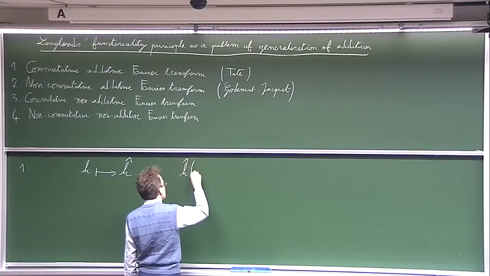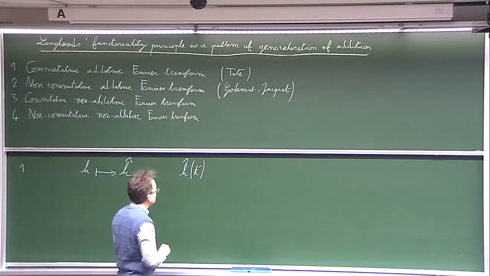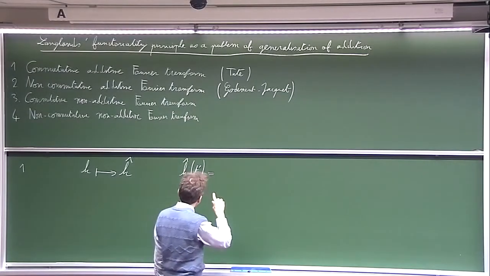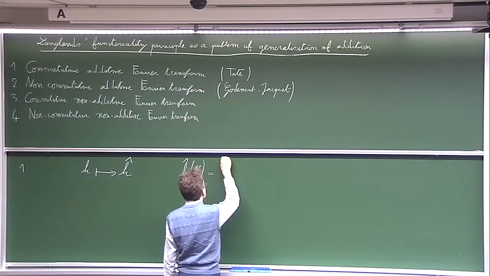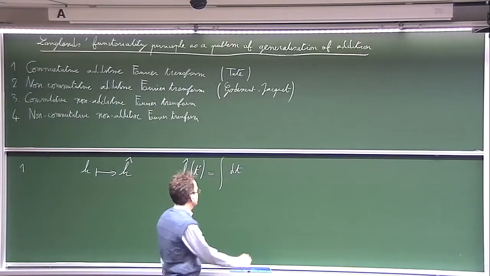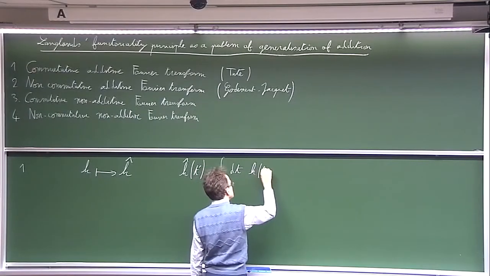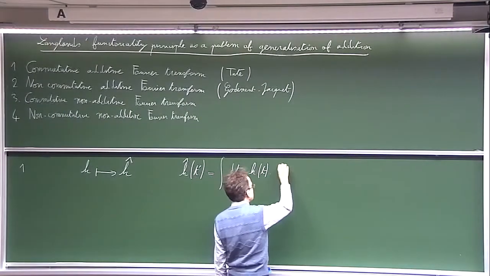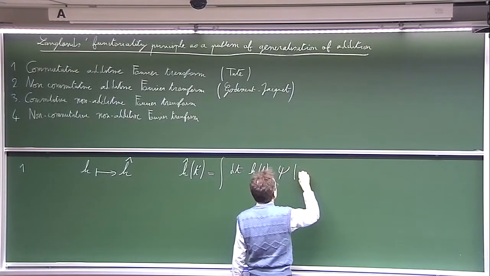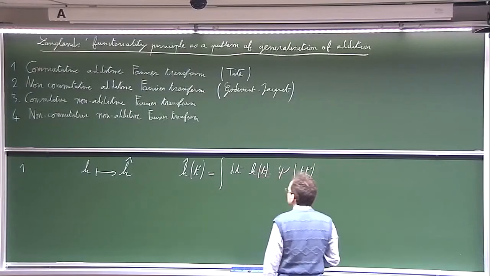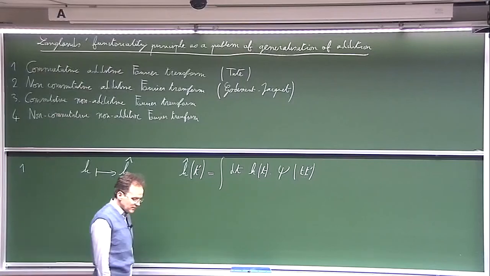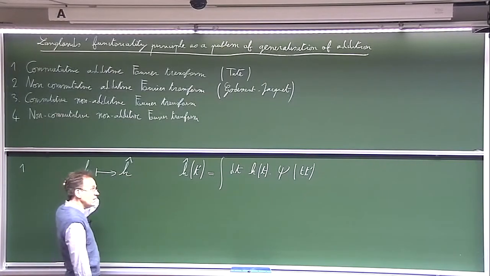It is defined by a formula which has the following form. The Fourier transform of some function h is an integral with respect to a measure dt of h of t, and here you have some additive character psi of tt prime. So I want to make precise the data in this formula.